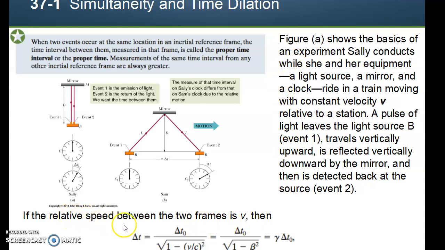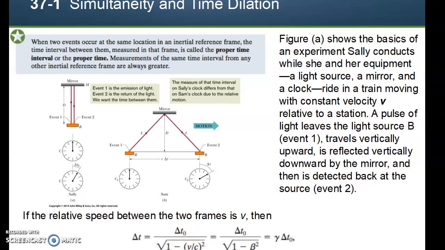And the relative speed for the two frames is v. Delta t, that's your time dilation, is delta t0, this is what is observed in this strict manner right here, divided by the square root of 1 minus the square of the speed v divided by the speed of light squared.